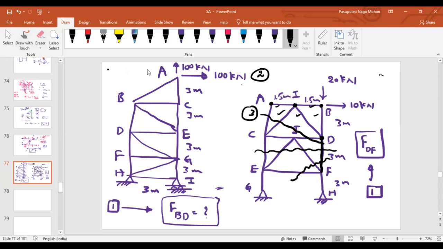Let us say this is the third option, this is the second option, and this is the first option. If I want to go for the method of sections, is section 1 a better option?